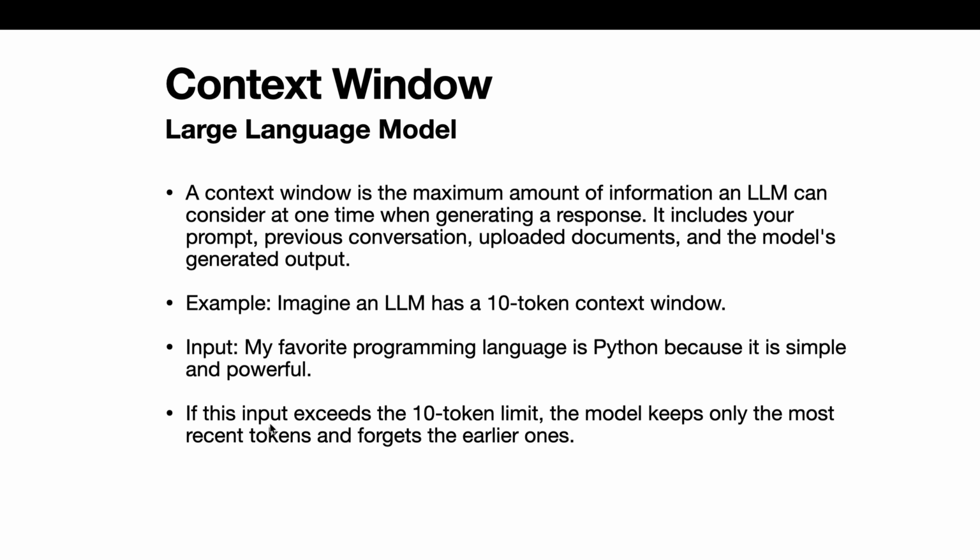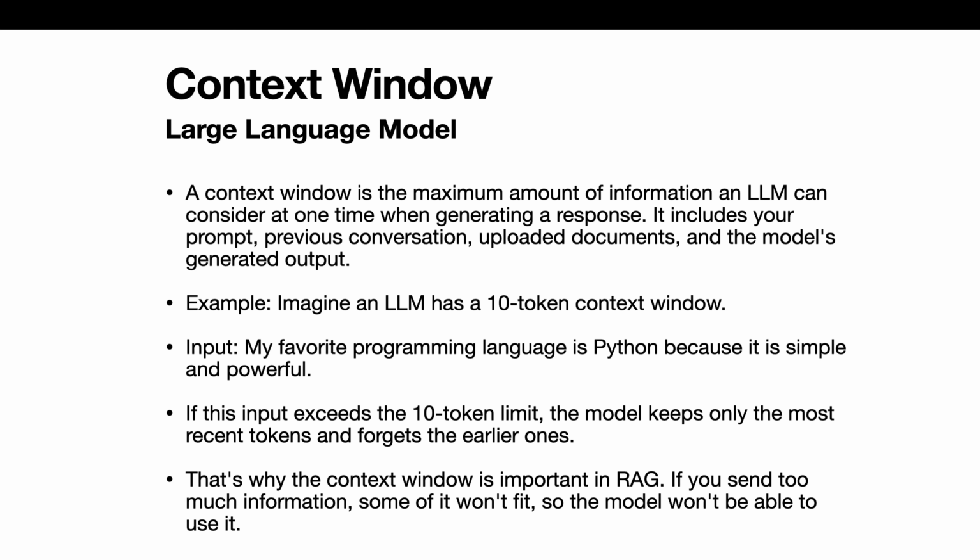If this input exceeds the 10 token limit, the model keeps only the most recent tokens and forgets the earlier ones. That's why the context window is important in RAG. If you send too much information, some of it won't fit, so the model won't be able to use it.